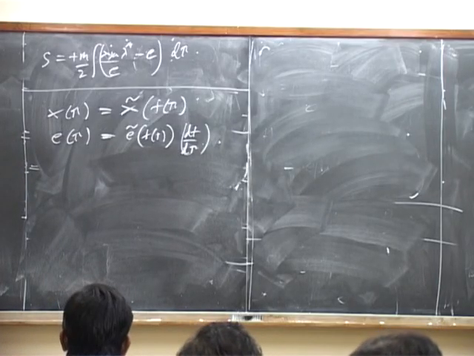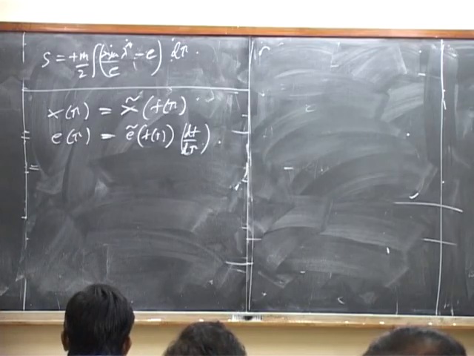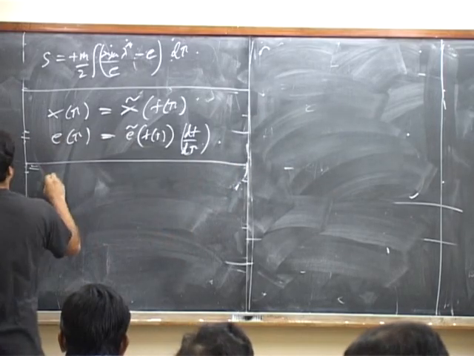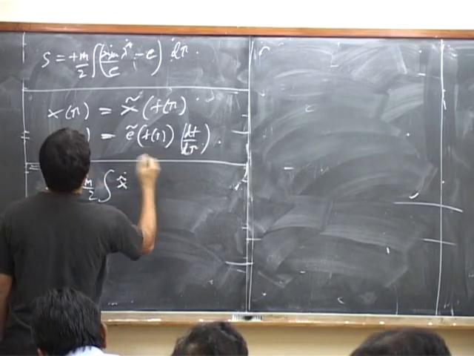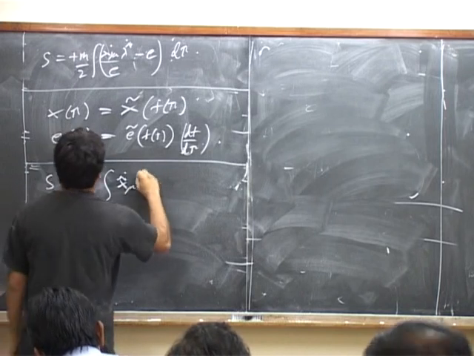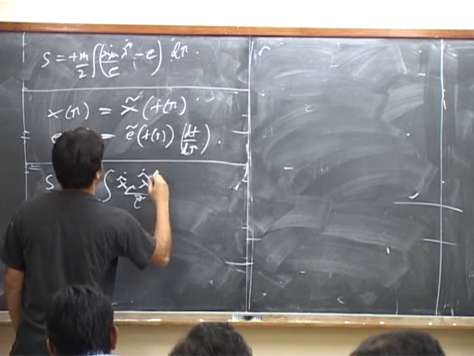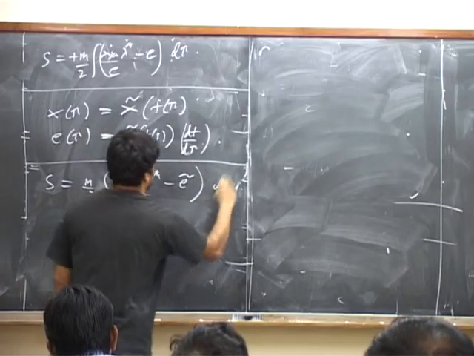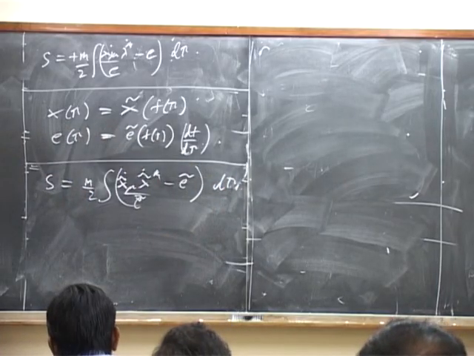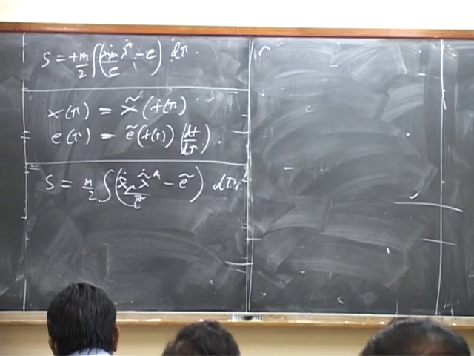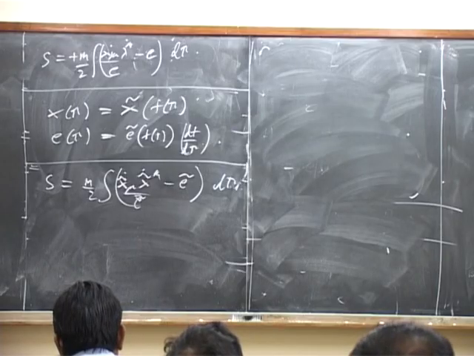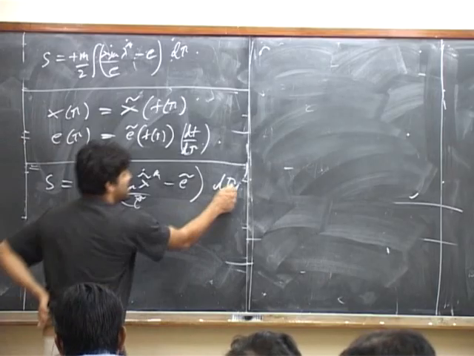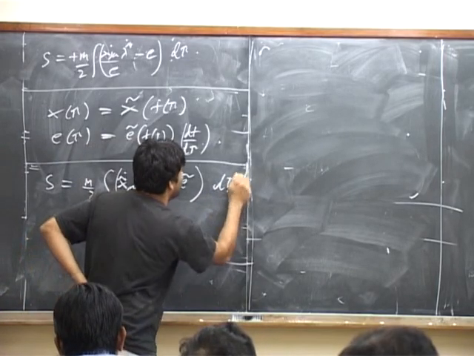As exercise number 3, all these are 2-minute exercises, I want you to check that this action can be rewritten as m by 2 x tilde dot mu x tilde dot mu by e tilde minus e tilde, with an appropriate redefinition of what this tau is.